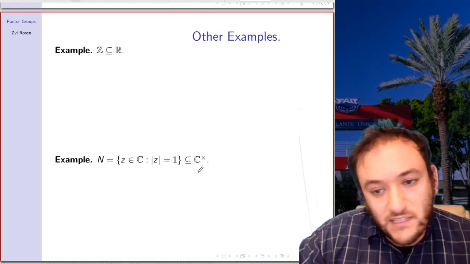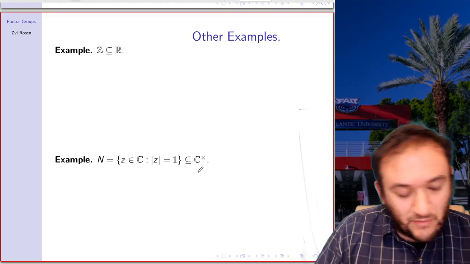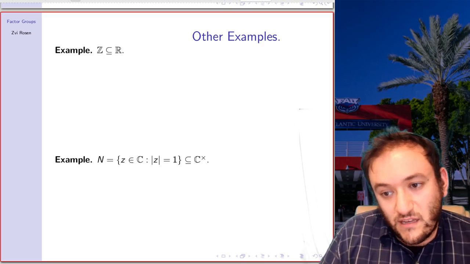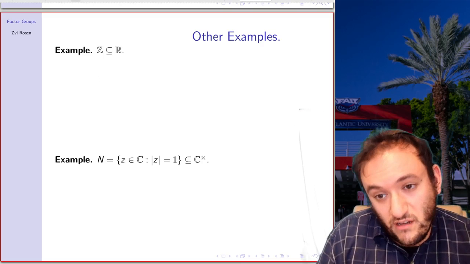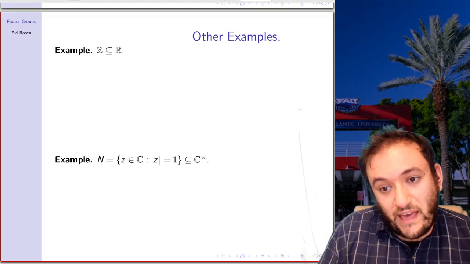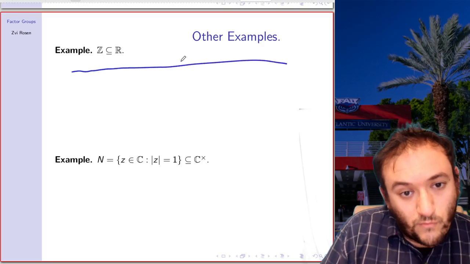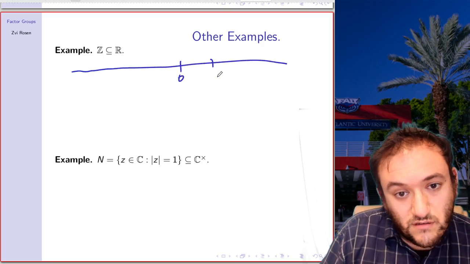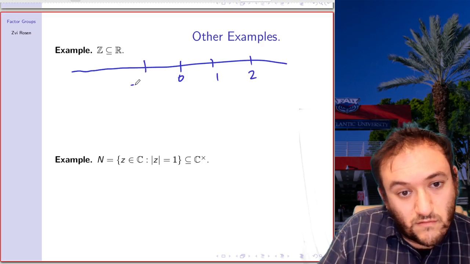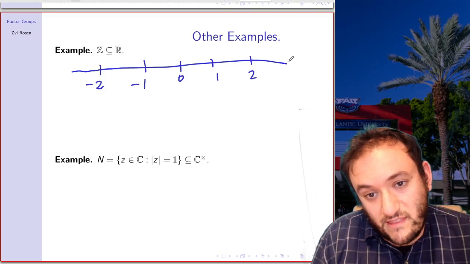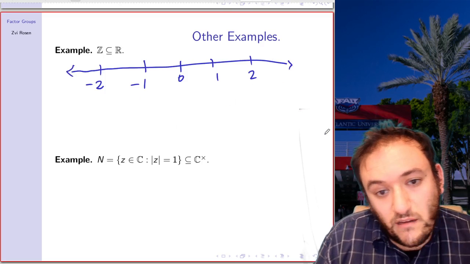Okay, let's look at another application of this perspective. So if we have the integers as a subgroup of the reals under addition, what does that look like? We have the integers sitting in the real line.